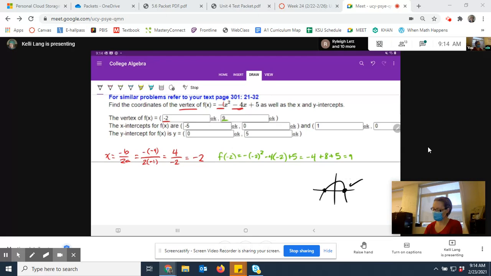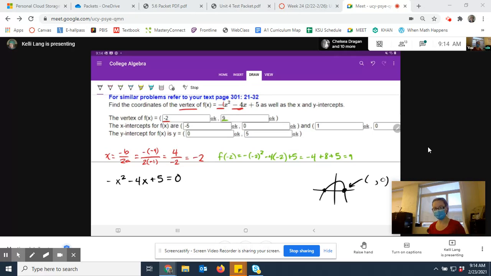These are called the zeros of your function, and you figure out what those are by letting y be 0. So in order to find the x-intercepts of your function, you let negative x squared minus 4x plus 5 equals 0, and you figure out what x is.